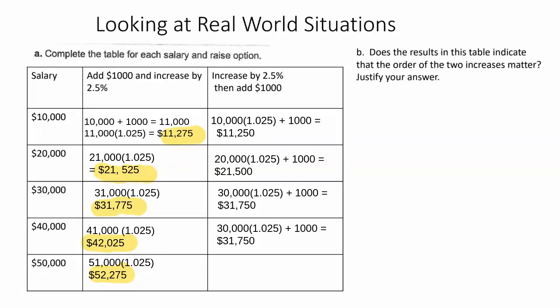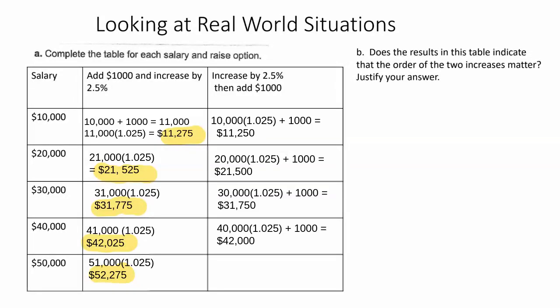This one is 40,000, and what I'm going to get is $42,000.